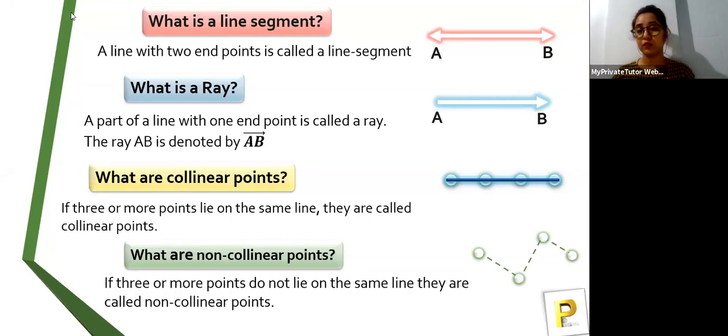If you check all 4 points, they are not lying on the same line, and hence they are called non-collinear points. So what do you remember? Collinear points: all the points should lie on the same line, and non-collinear means they should not lie on the same line.